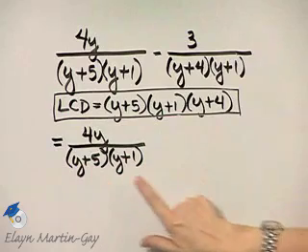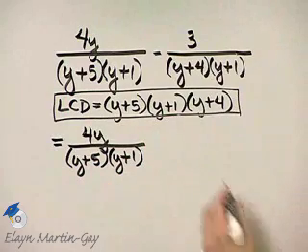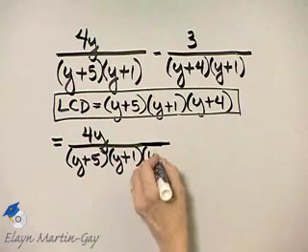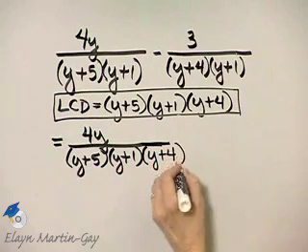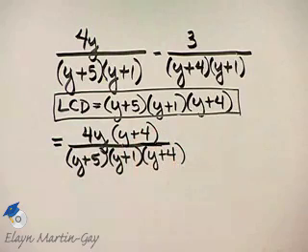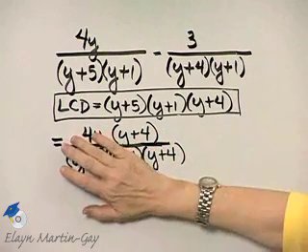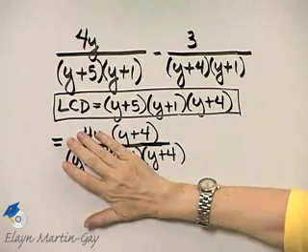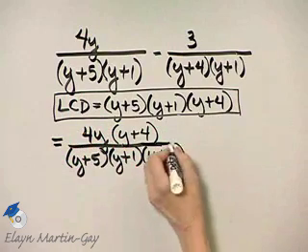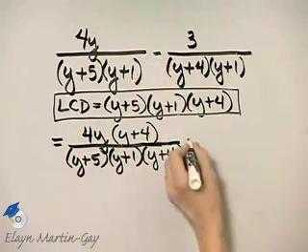Well, notice I need a factor of y plus 4 in the denominator. So if I multiply the denominator by y plus 4, I must multiply the numerator by y plus 4. That's the same as multiplying by 1 then, as long as y is not negative 4. And then here's my minus sign.